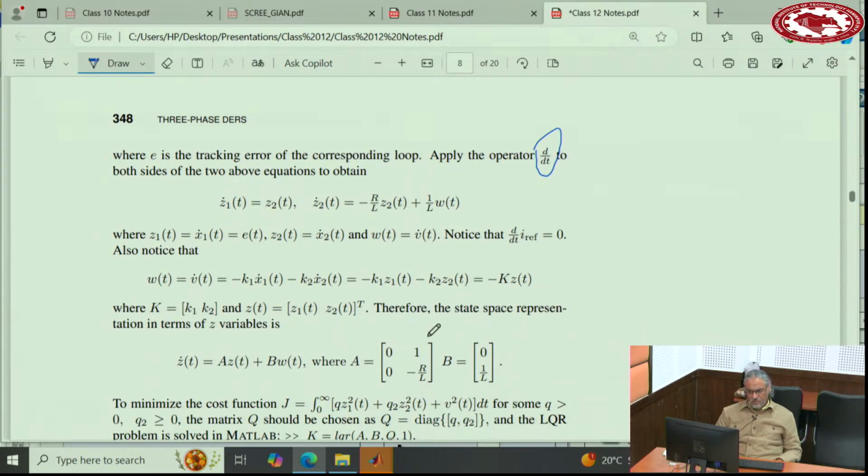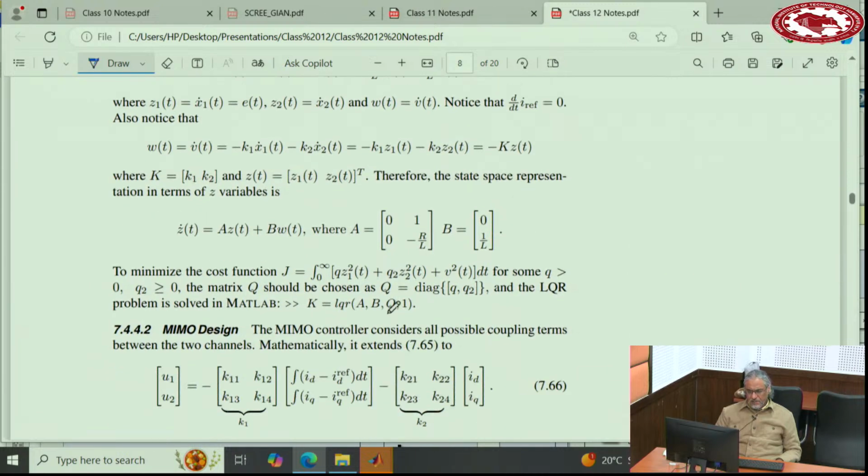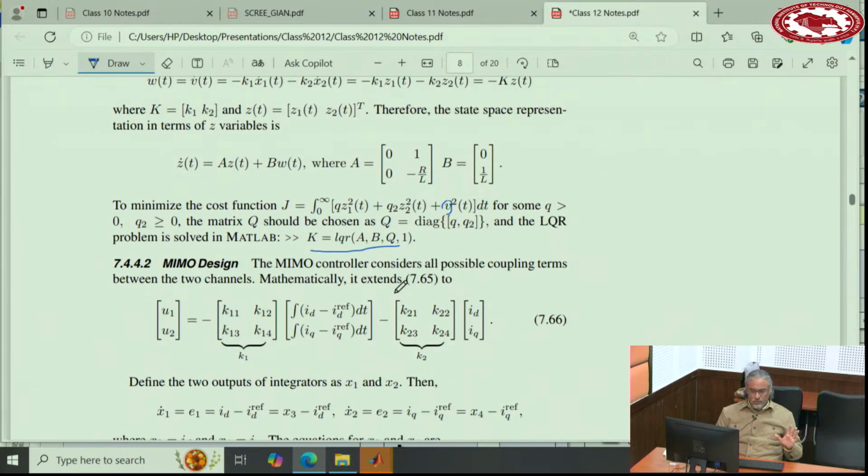And then you come up with a 2 by 2 matrix, very simple. And then the cost function will be Q1 times the tracking error squared plus Q2 times the derivative of the current squared. And this is the derivative of the modulation index. And then you run LQR, and then you increase Q until the poles are settled. So for SISO, it should be no problem in terms of doing it.